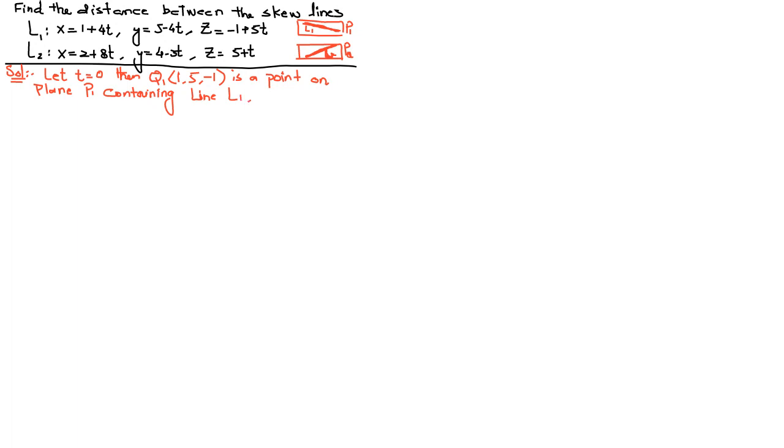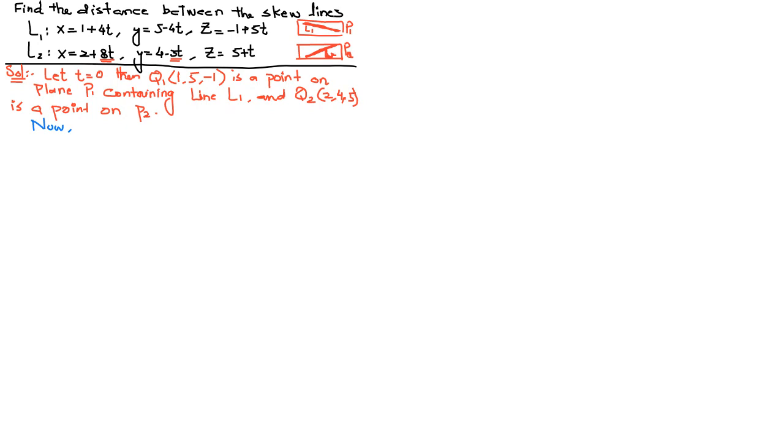Similarly, you can find a point Q2 when you put t equal to 0. That becomes 2, 4 and 5, a point on P2. So if you have two different points, then you have to find the equation of the plane.